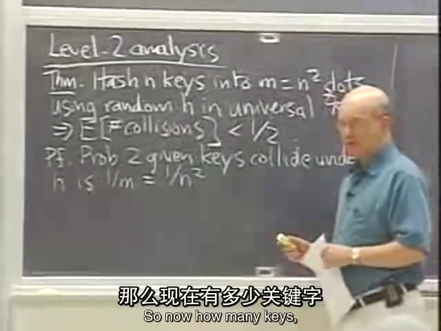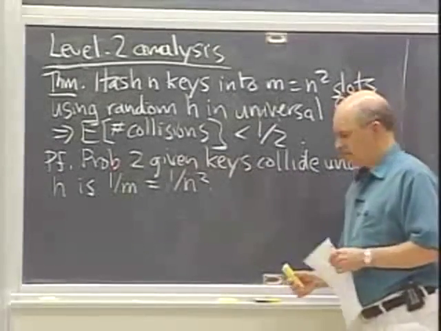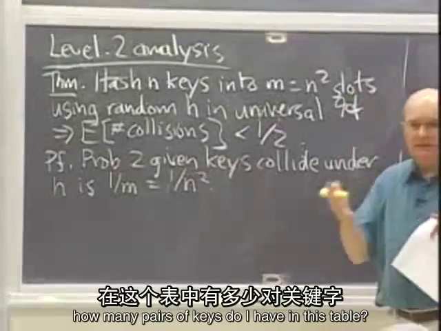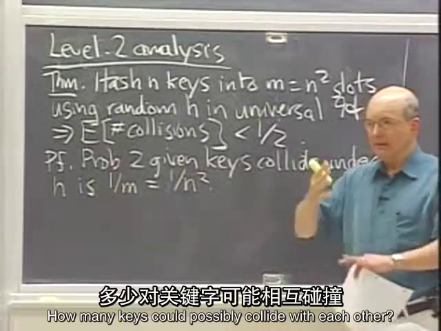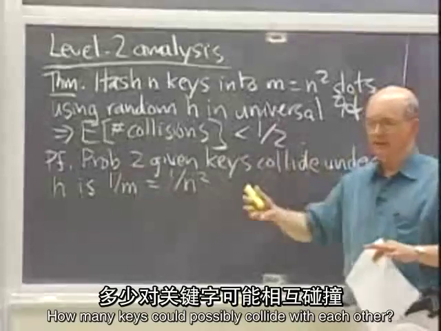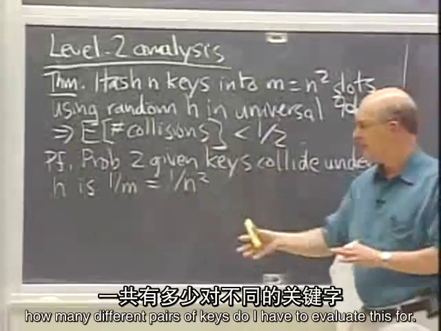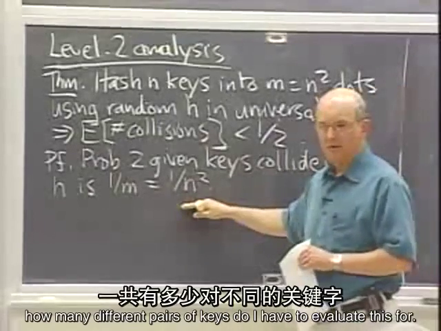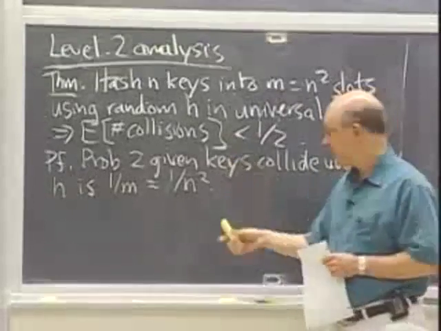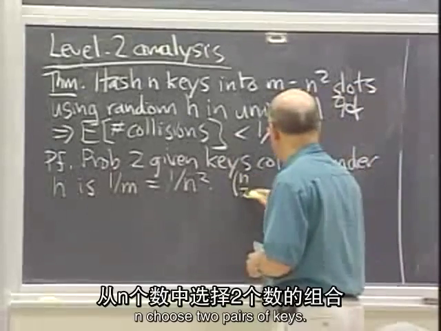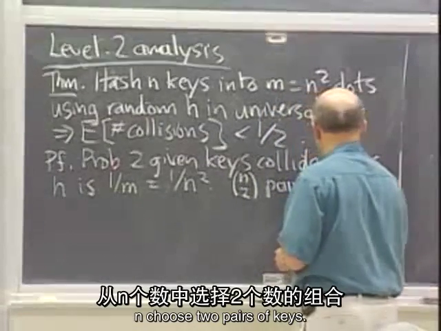Okay? So now how many pairs of keys do I have in this table? How many keys could possibly collide with each other? That's basically just looking at how many different pairs of keys I have to evaluate this for. So there are n choose 2 pairs of keys, right? N choose 2 pairs of keys.